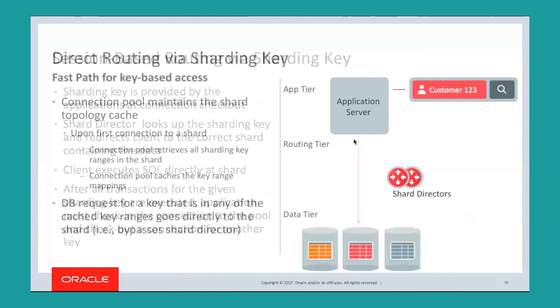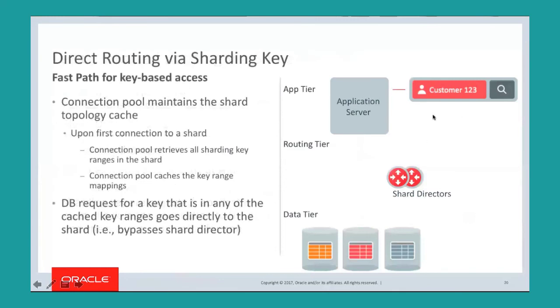So once the pools are initialized, when a new connection request comes in, the connection pools know the topology structure. So it goes directly to the shard for a given key, completely bypassing the shard director. So at runtime, the connection pools go directly to the shards based on the key that you provide, completely bypassing the shard director. And that's how we are very fast and scalable.